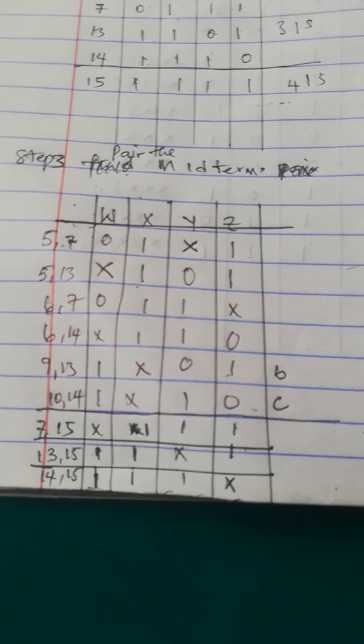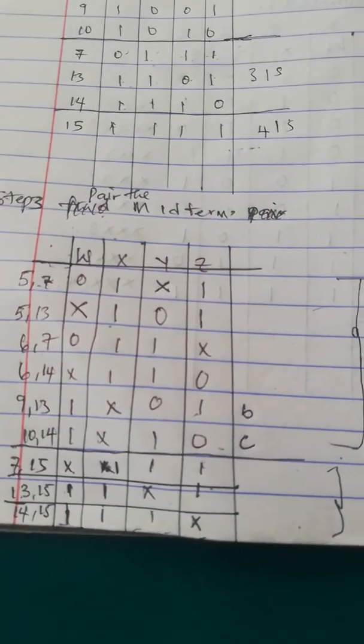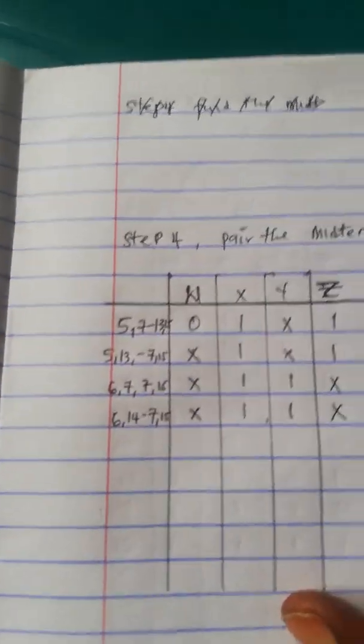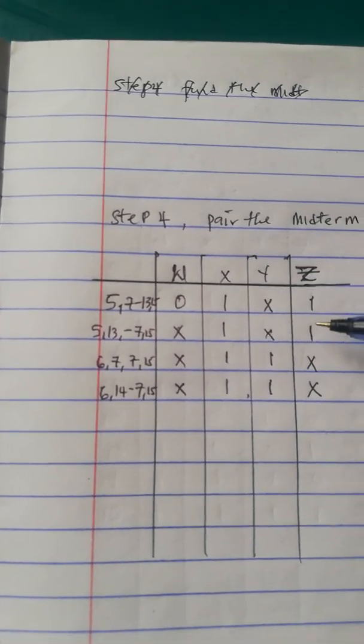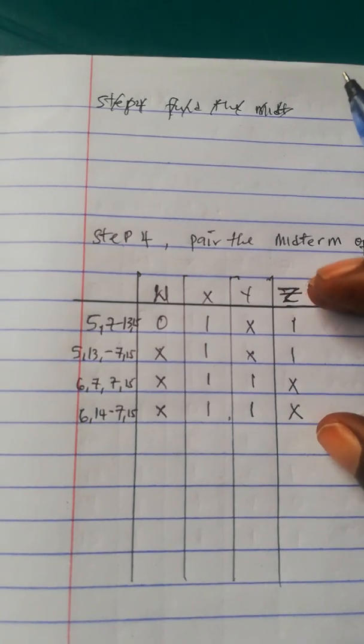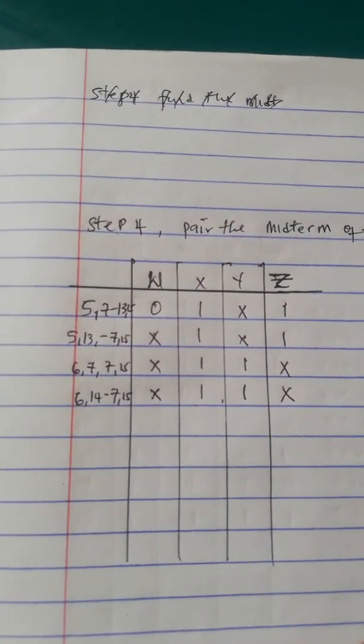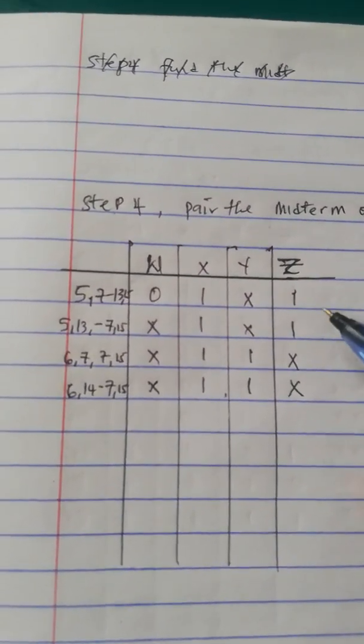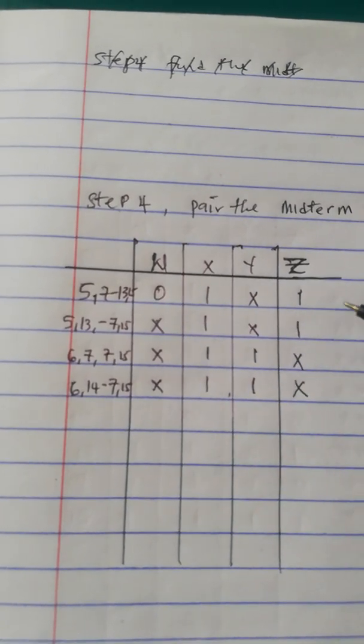Pair the second group with the third group together. Now, if there's any pair, just like what we did here, you just have to pair them. After we pair this 5 and 7, this is what we got: 5 and 13, 6 and 7. And the next one is to pair.